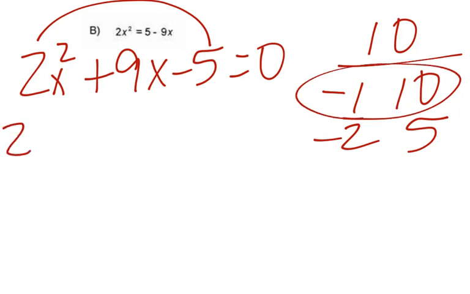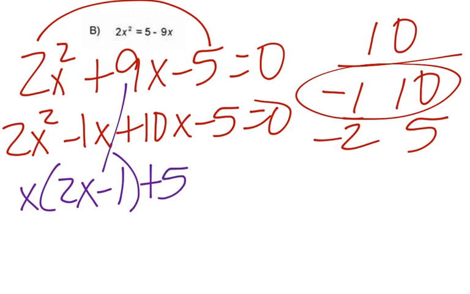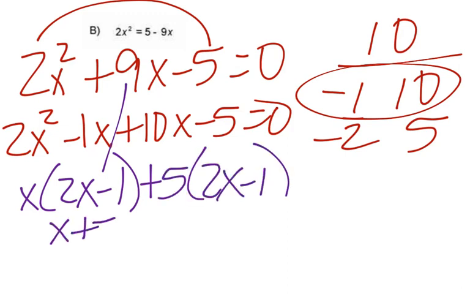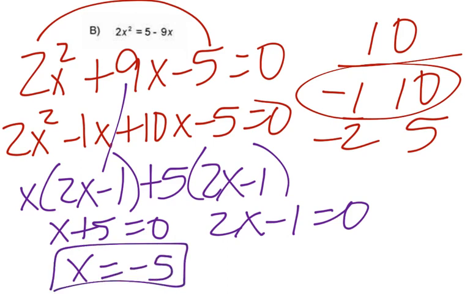I have to bring down my 2x squared minus 1x plus 10x minus 5 equals 0. Cut it in half, pull out an x, 2x minus 1. Plus, pull out a 5, 2x minus 1. So x plus 5 equals 0 is an equation, and 2x minus 1 equals 0. Solve those. X equals negative 5, and x equals 1/2.